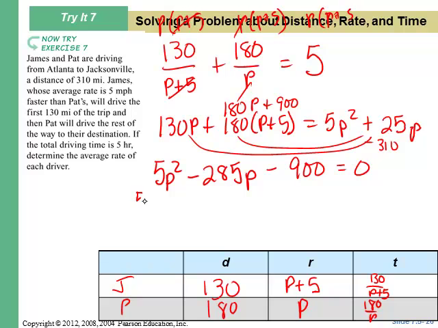Factor out a 5. P squared minus 57P, plus, no, minus 180 equals 0.